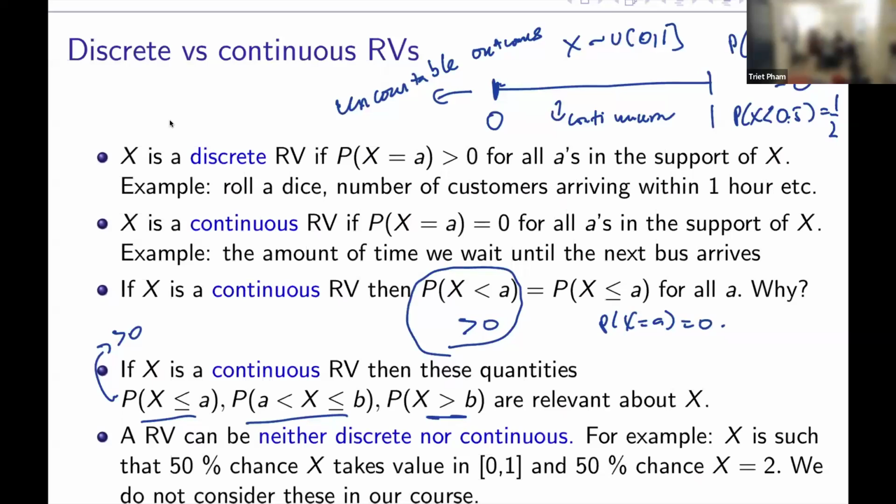You can catch it at least a split second after or something. You have to have an error. And that's exactly capturing a continuous random variable. All right. And so a continuous random variable needs a special device to work with called the density. We'll look at that later. Any question about this?